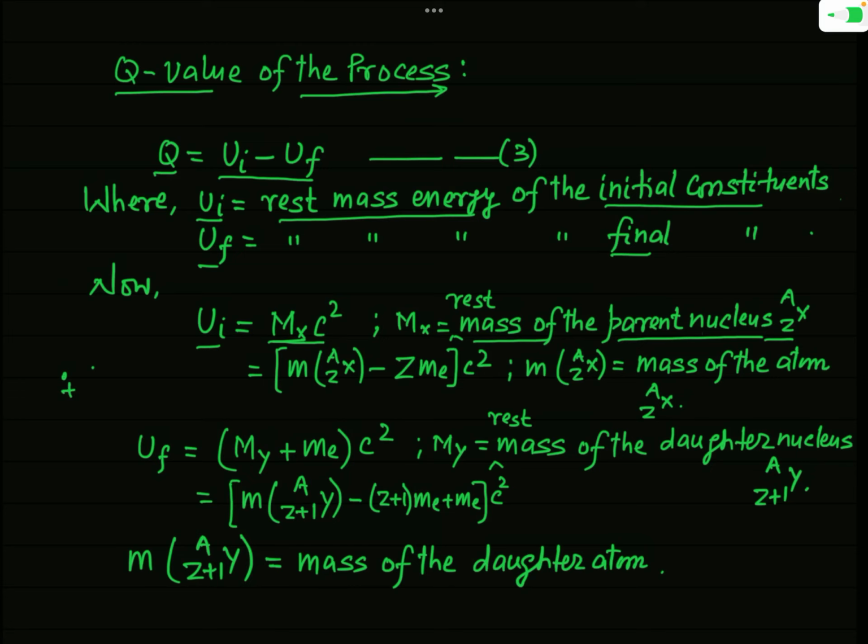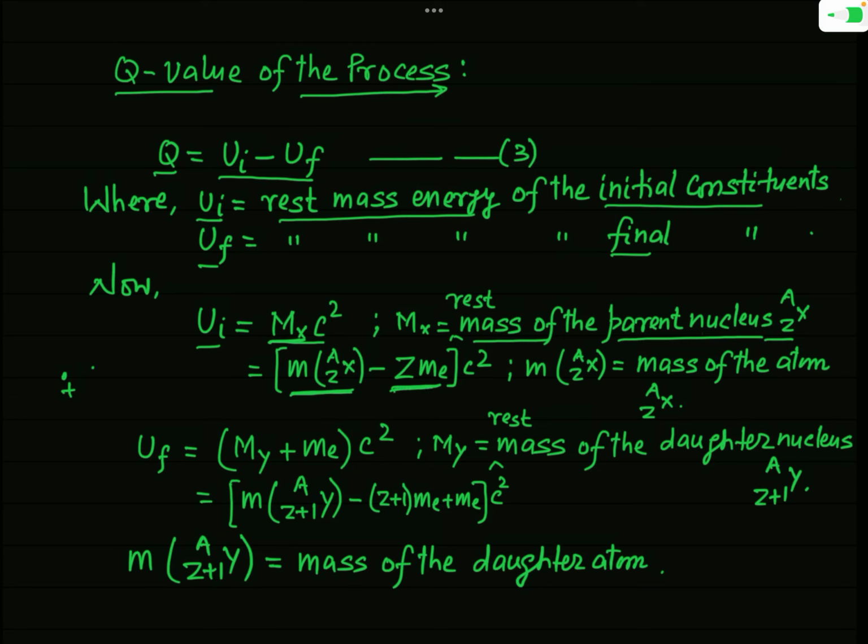So if you want to find the mass of the nucleus, you can simply subtract the total mass of the electrons from the atomic mass. When we subtract the mass of the total electrons from the mass of the atom, we simply get the mass of the nucleus.